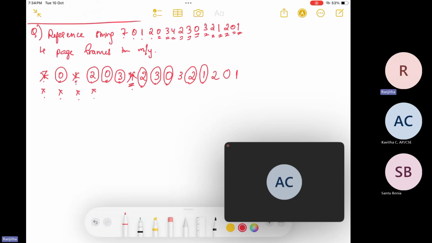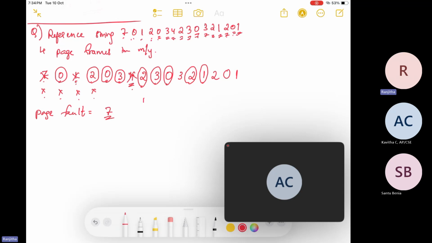So we have page faults equal to 7. Total references: 1, 2, 3, 4, 5, 6, 7, 8, 9, 10, 11, 12, 13, 14, 15, and 16.